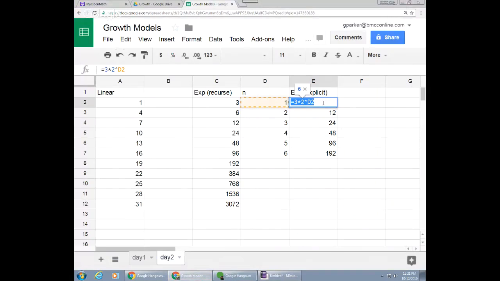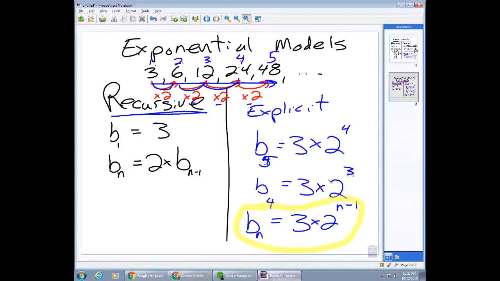Let's try and fix that. So should I just be able to go here and type a minus 1? I don't know, let's try it. 5, is that the right answer? Oh, that's wrong. Okay, what did I do wrong in my formula? Yes, when we write on paper, we write this little subscripted thing up there.